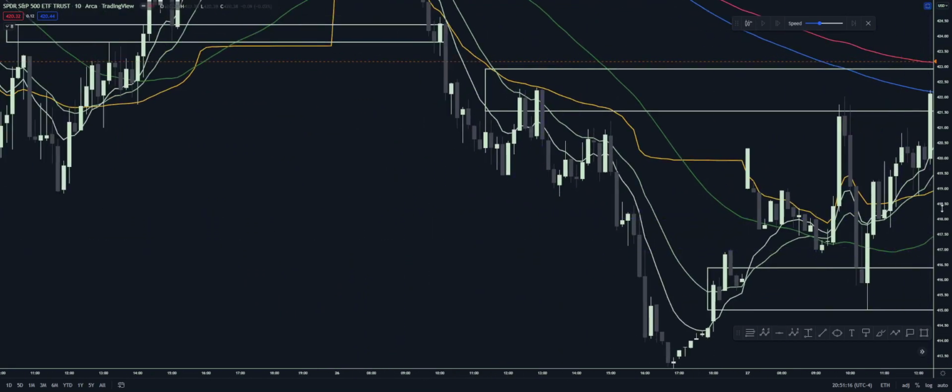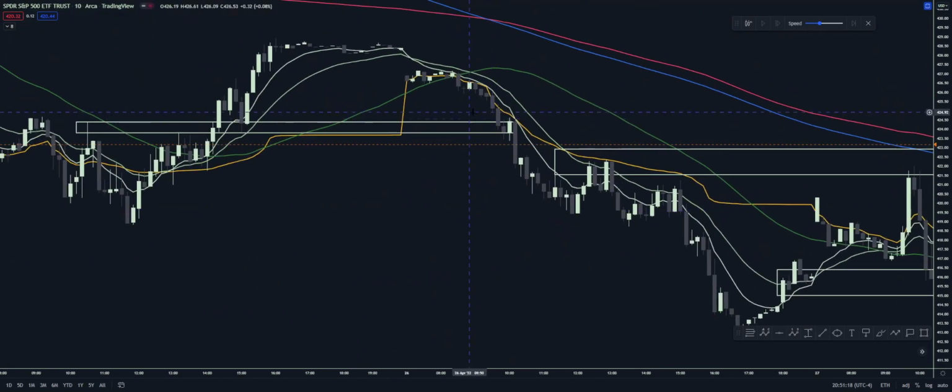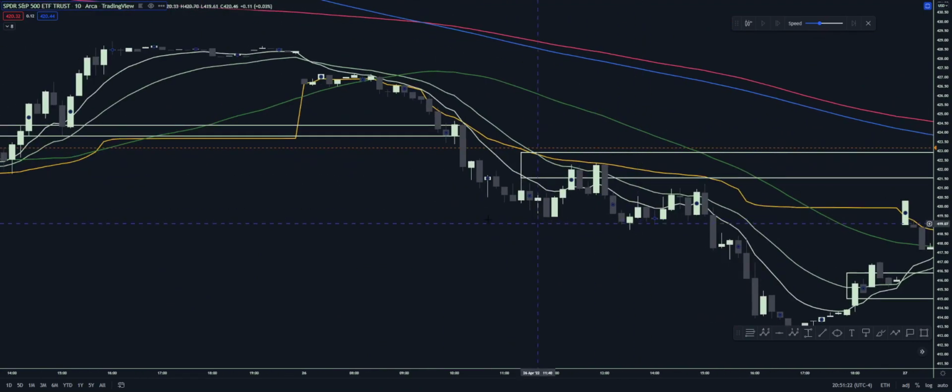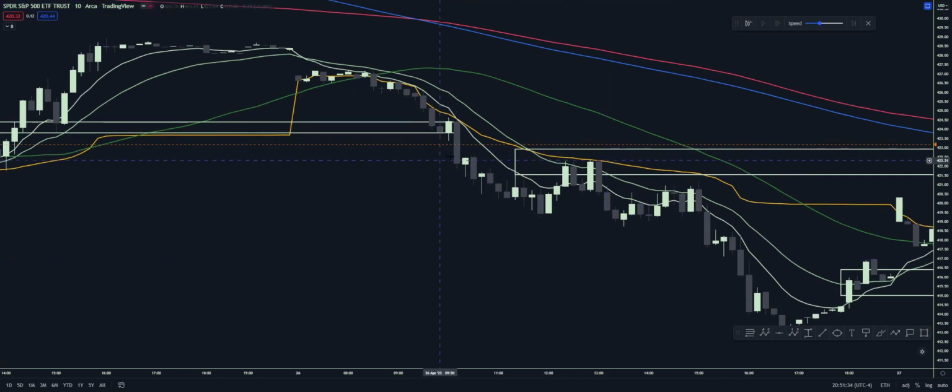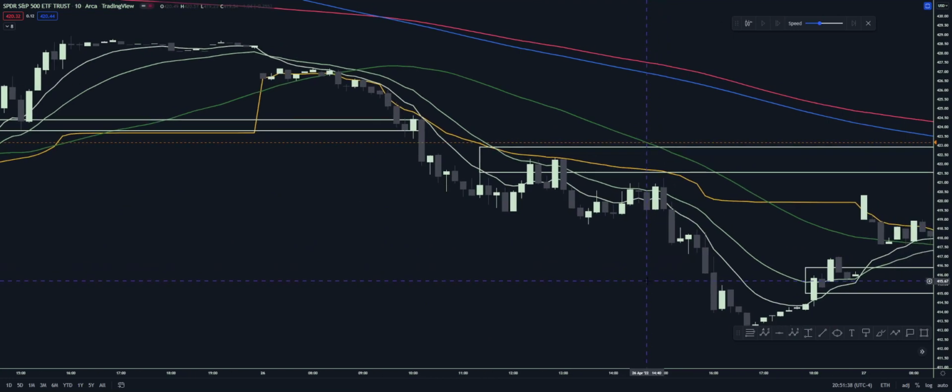Yesterday at 10:20. This candle right here, Jackson? No, that didn't create the zone. You're still in a downtrend.